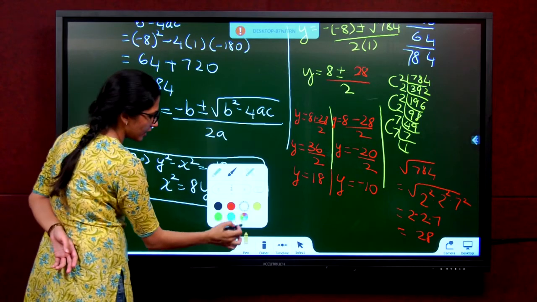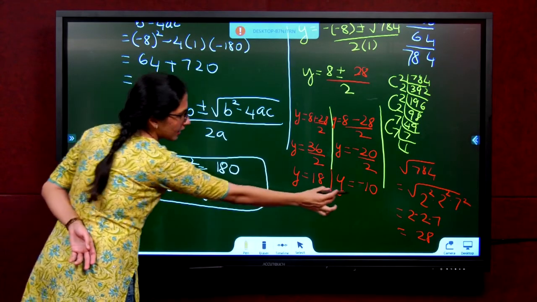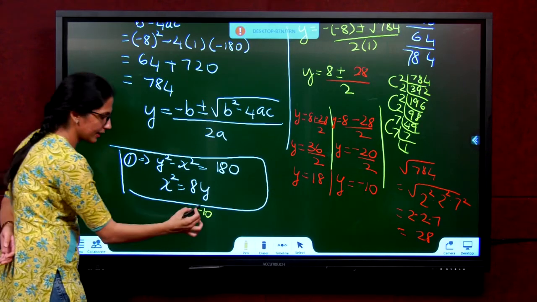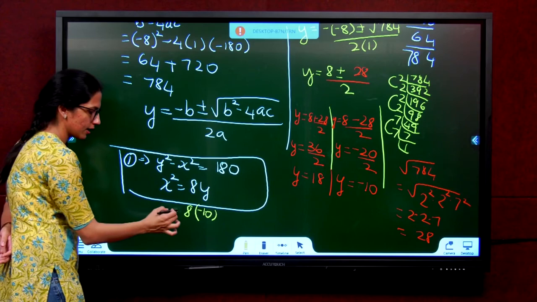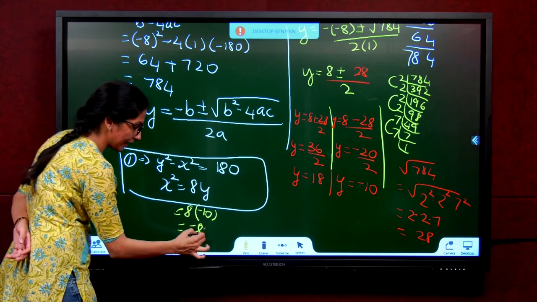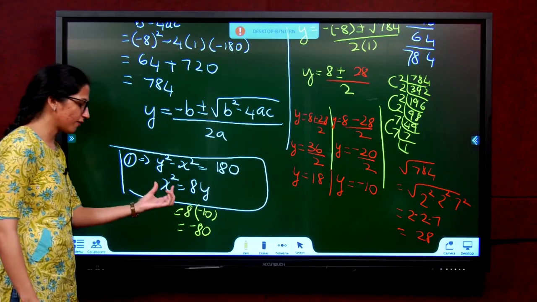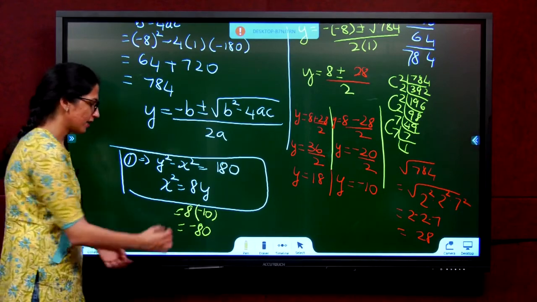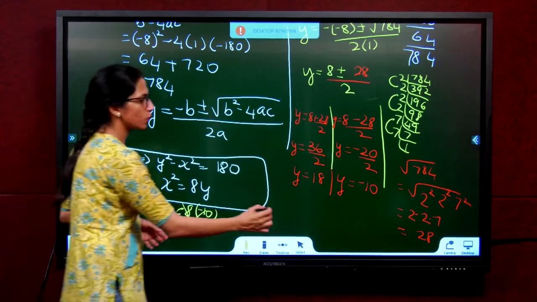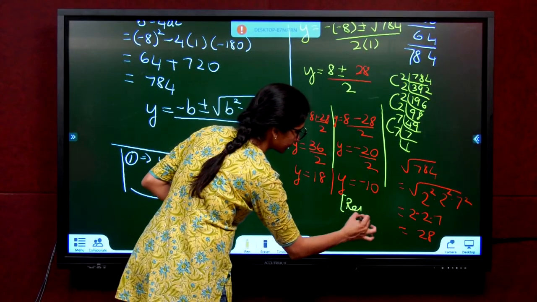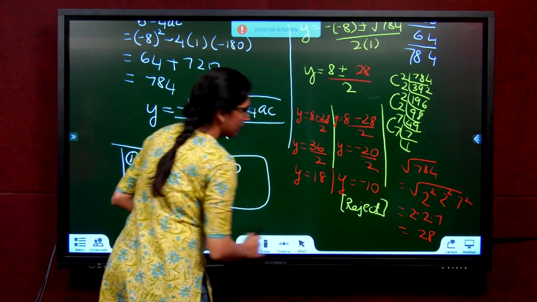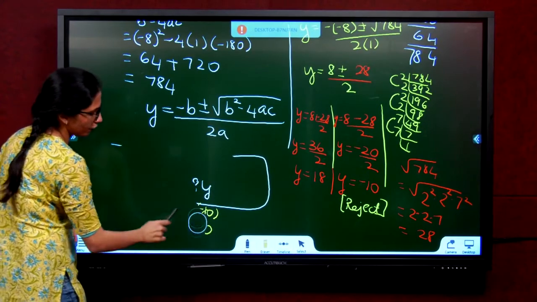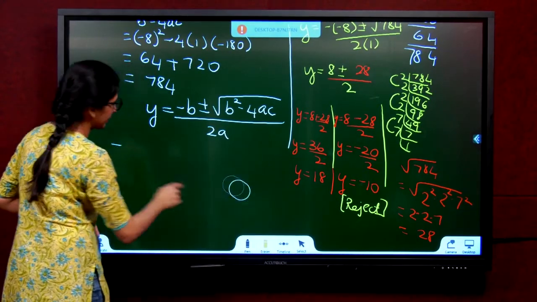Please observe, if I take y is equal to minus 10, put y equals minus 10 here, minus 10 into 8 is equal to what? Minus 80. Can the square of a number be negative? Square of any number is always positive. This is not possible, which is why this gets rejected. Therefore, you have only one value of y, which is plus 18.